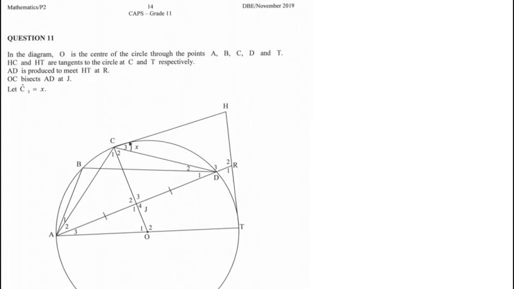Remember matriculants that in your paper 2 you are going to have grade 11 Euclidean geometry tested, but what gets added to your syllabus is that whole thing about similarity and the proportionality theorem. That's all that you really add to circle geometry in grade 12. Okay, so without any further ado, let's look at November 2019 question 11.